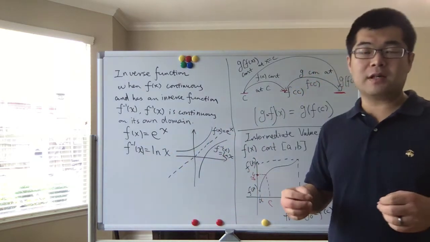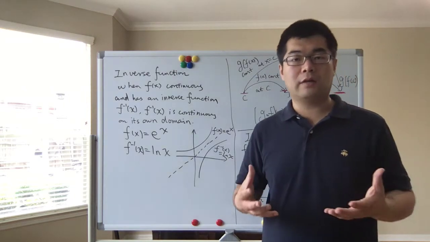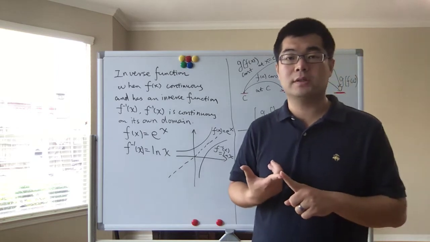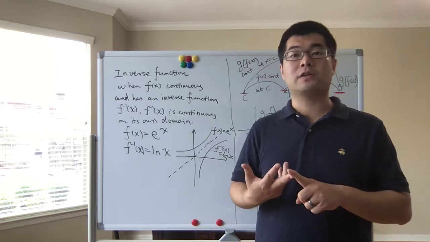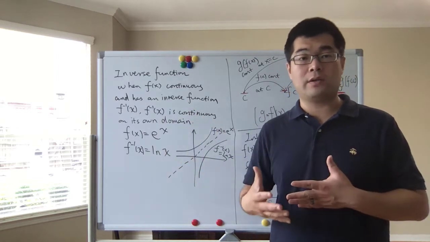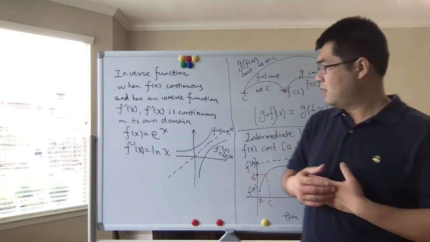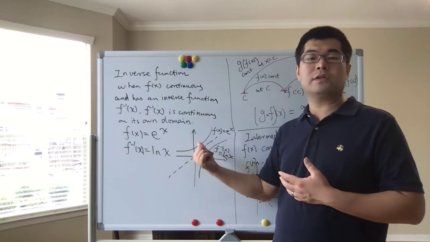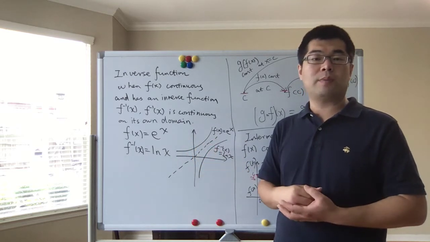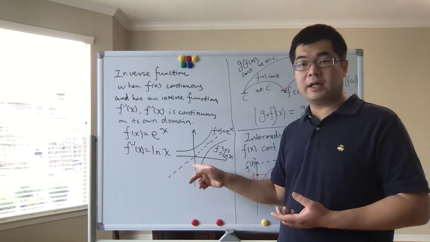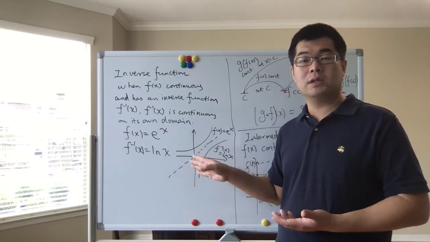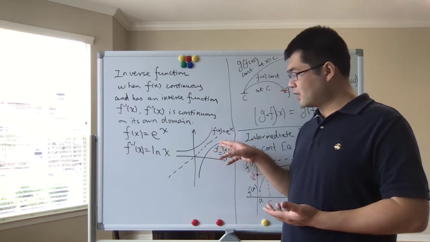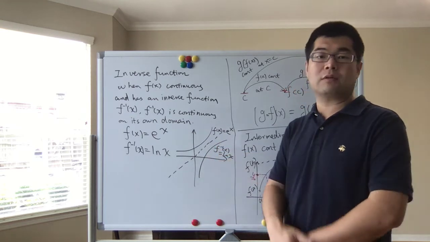So a very quick example, I assume a lot of us already know this part, is the natural exponential function and the natural logarithmic function. They are inverse functions of each other. As we can tell, this is a graph for f(x) equals natural exponential e to the power of x, and this dashed line is y equals x. This curve stands for the inverse function, which is the natural logarithm function.